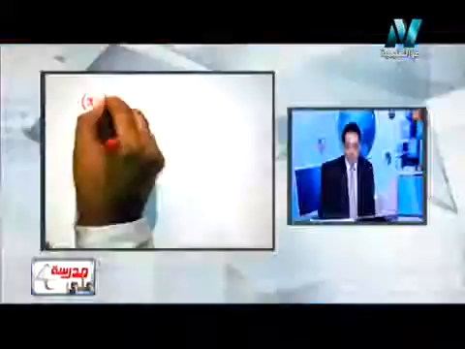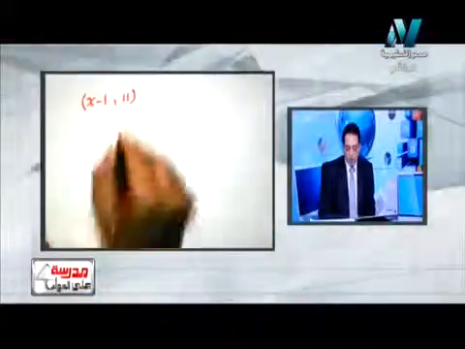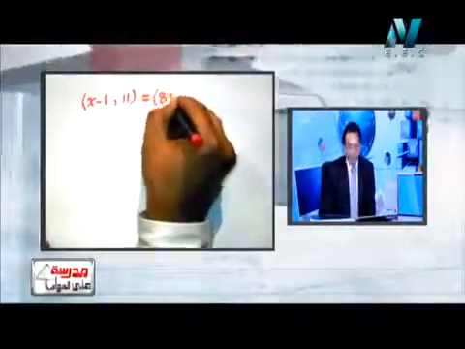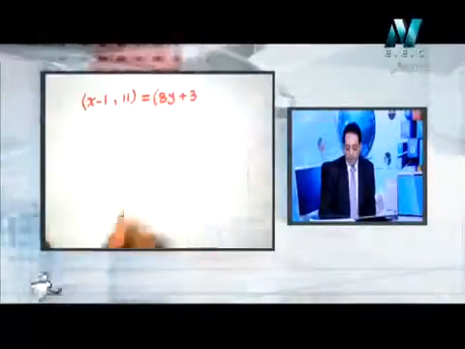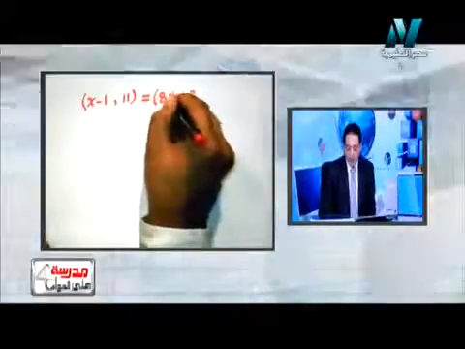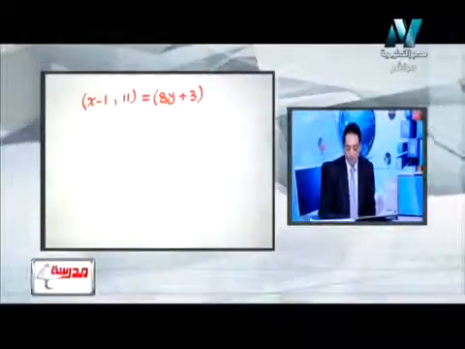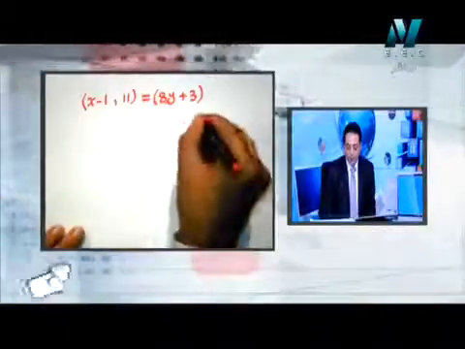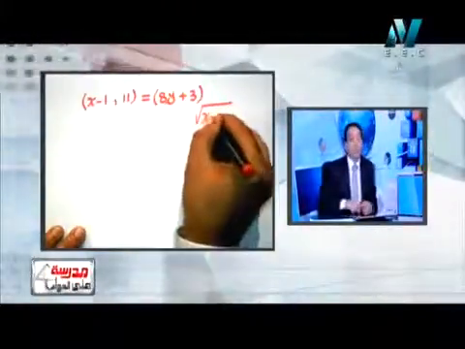If the ordered pair (x minus 1, 11) equals the ordered pair (8, y plus 3), separated by a comma, then the square root of x plus 2y equals what?